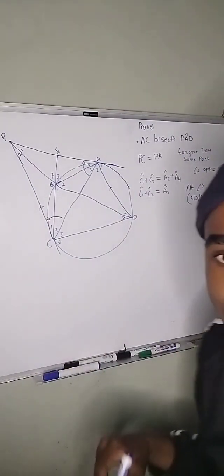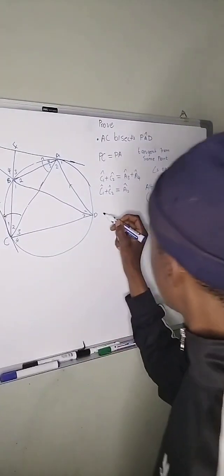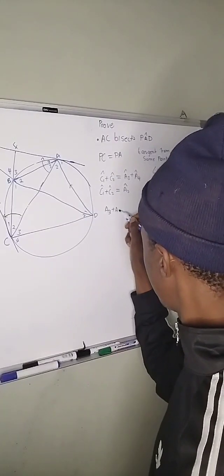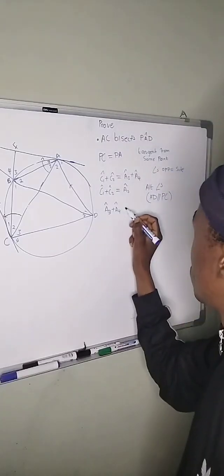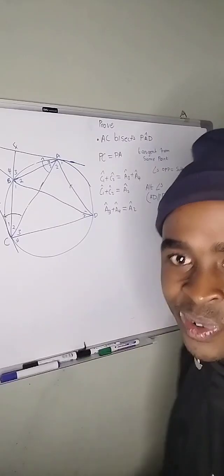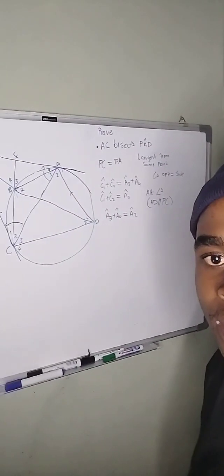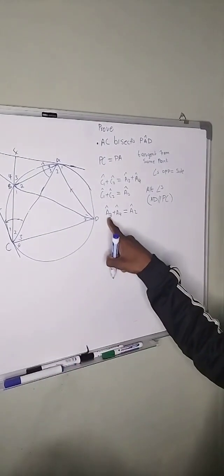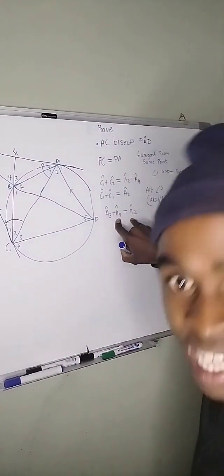So what is the last statement? Angle A3 plus A4 is going to be equal to A2.